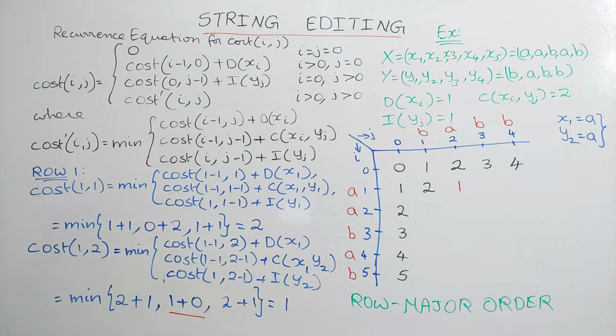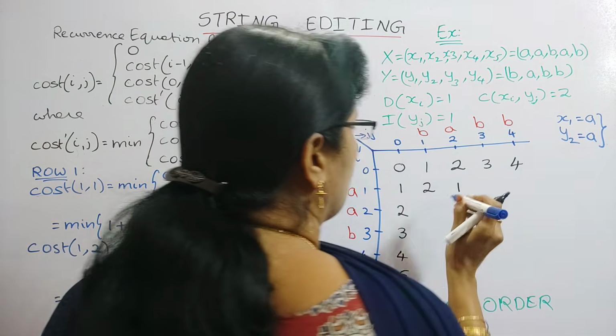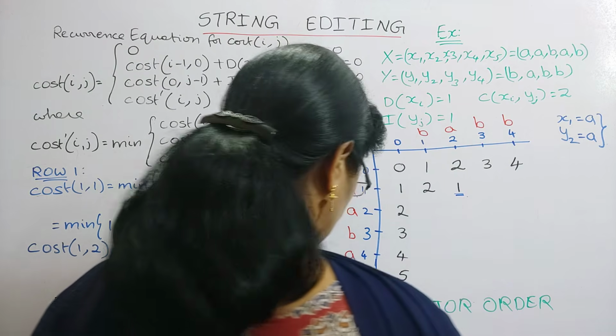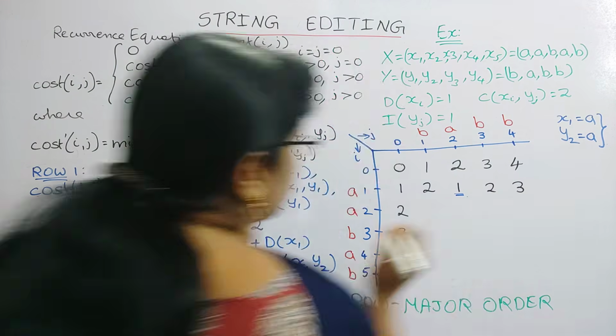So next you have to compute for 1, 3 and 1, 4. So I am writing down the values here. I will write it and I will mark it. So the other values are 2 and 3.